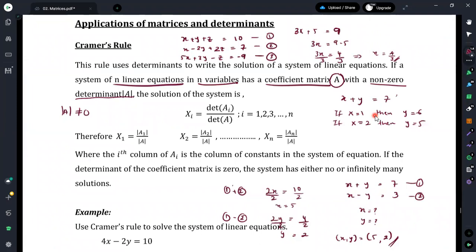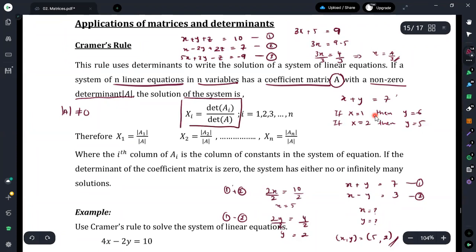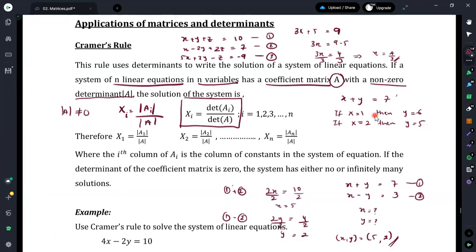Therefore, we can obtain the solution of the system by taking this equation, where if you have n variables, then the ith variable can be obtained as the determinant of Ai divided by the determinant of A. This is the way that you obtain the solutions for a given system.